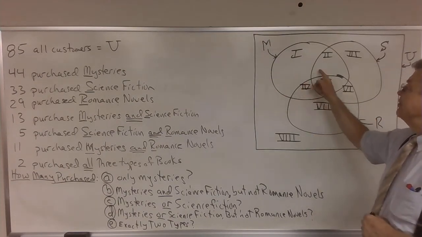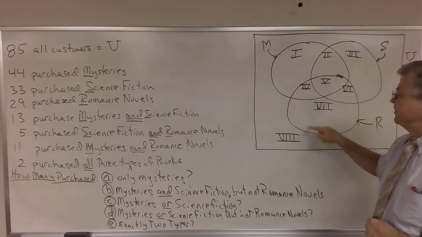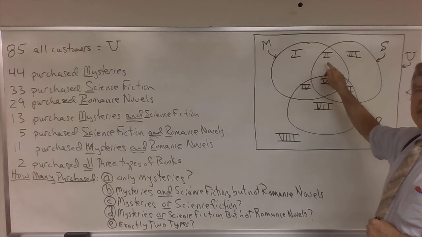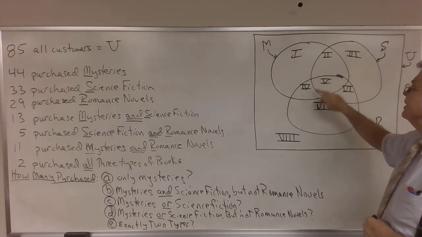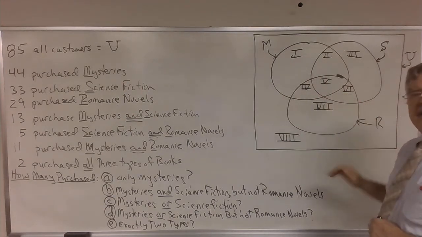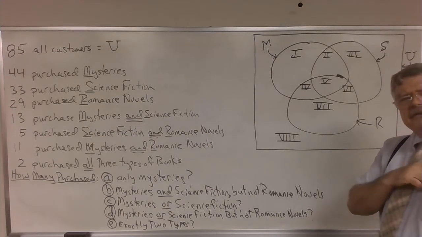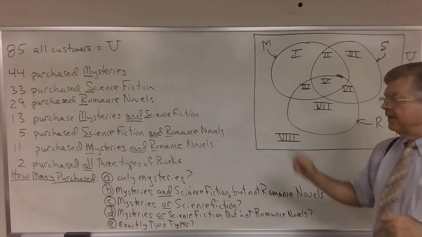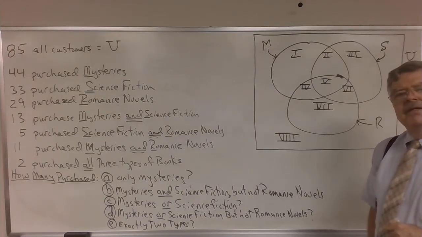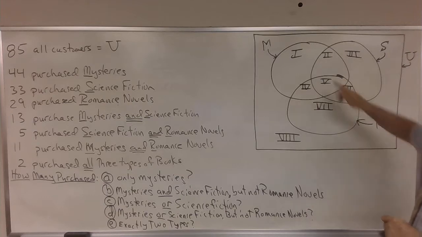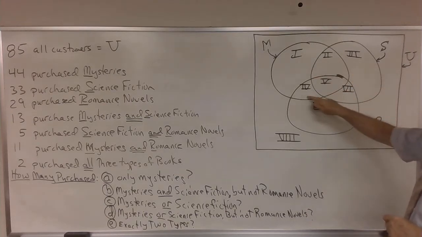And when I say the regions are disjoint, they don't overlap. Region 1 is not part of Region 2 or Region 3 or 4 or 5 or 6. They're all disjoint. Now, do you see anything up here that will tell us how many people are in one of these disjoint regions?